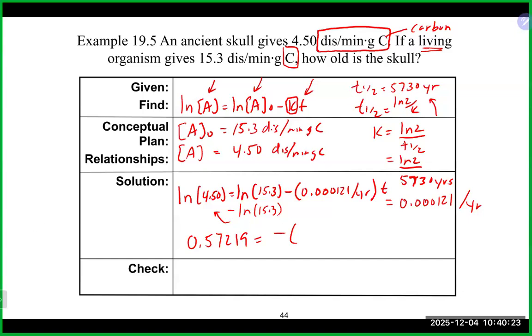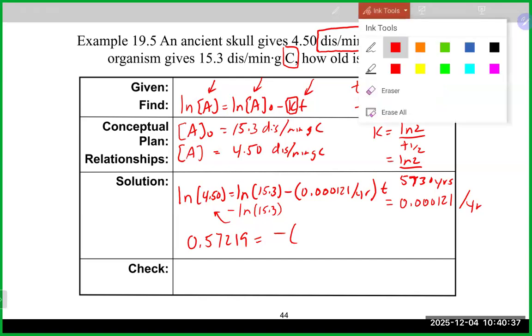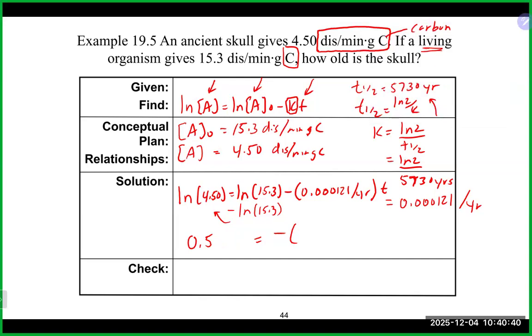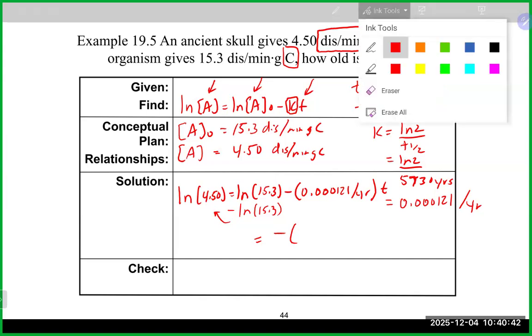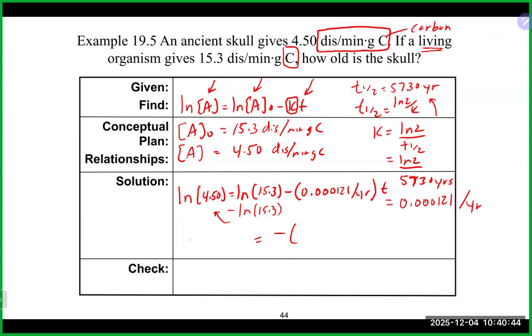Natural log of 4.5 minus the natural log of 15.3. There we go. Negative 1.2238 equals negative 0.000121 times t. Now we're going to divide that to the other side.